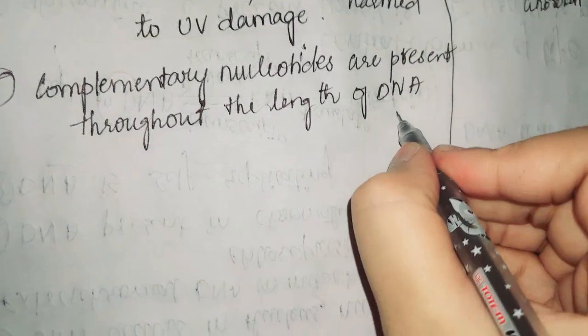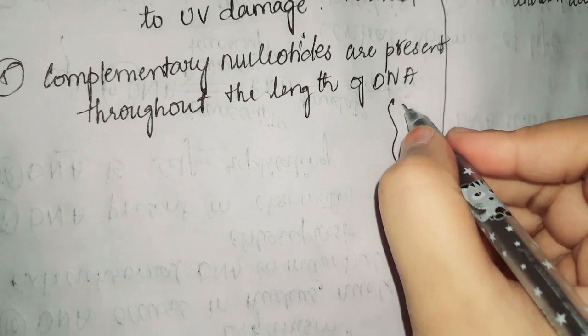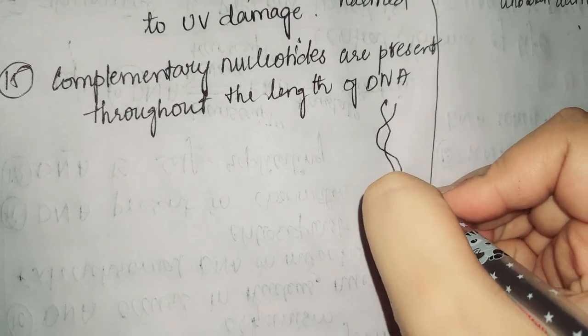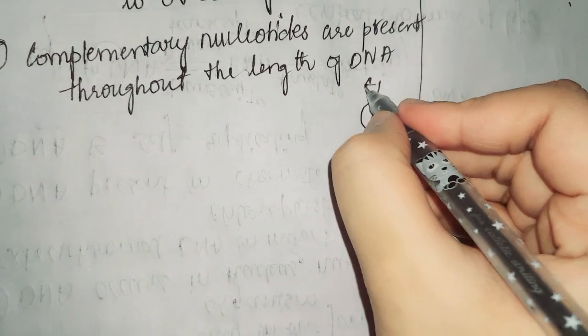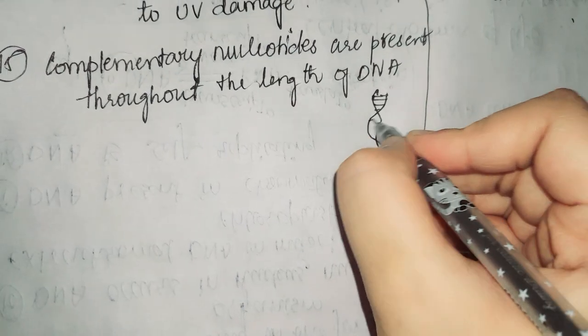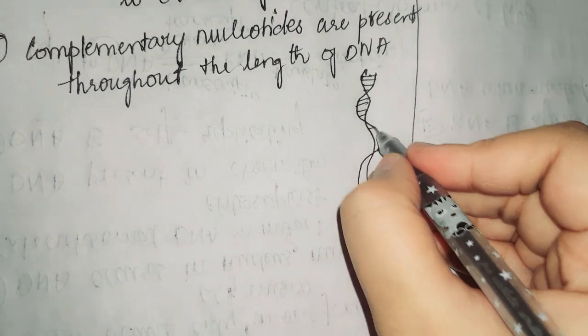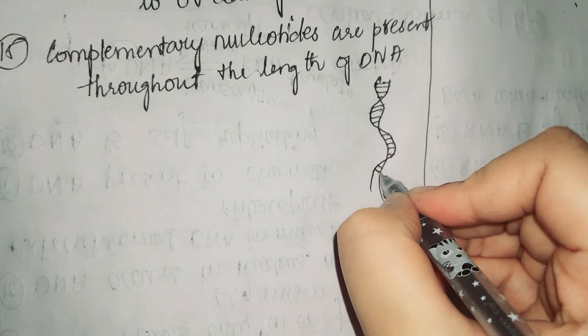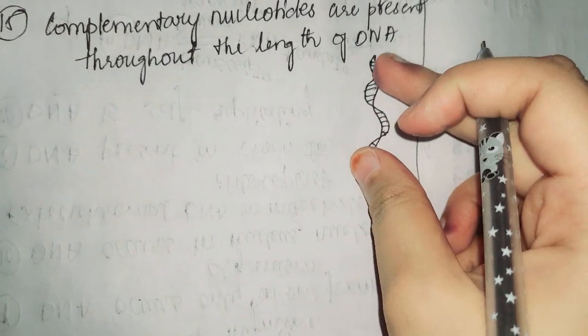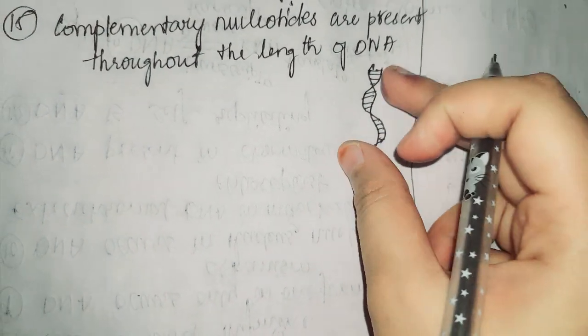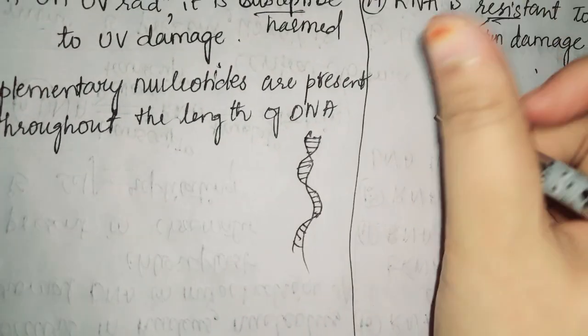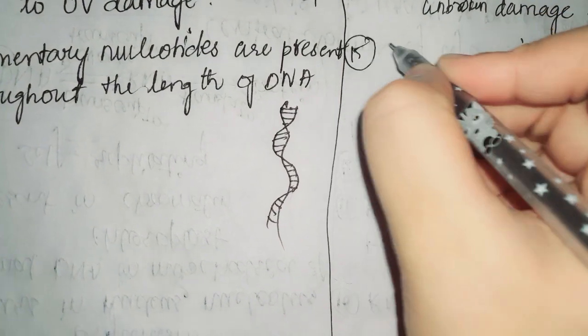If we draw this structure, this is the DNA. Here I am drawing very badly. So along the whole length there will be complementary base pairs to each other, and those nucleotide base pairs are present throughout the length in DNA. While in the RNA it is not like that.